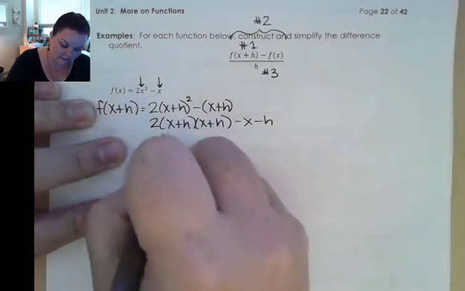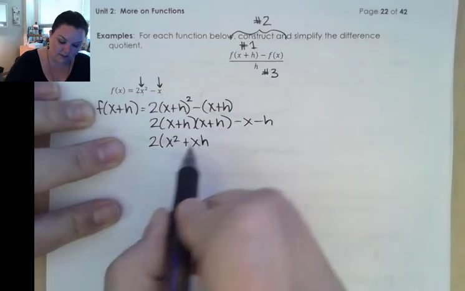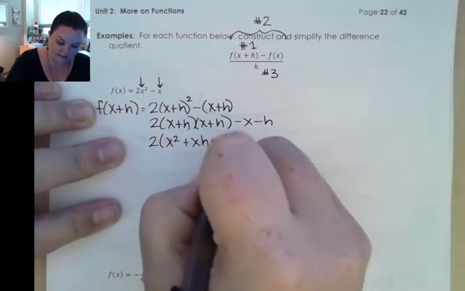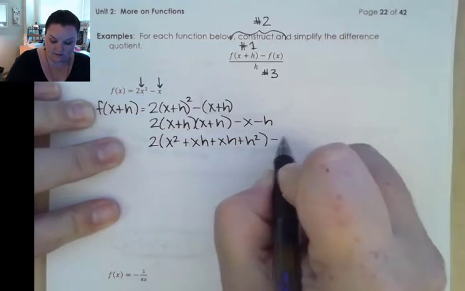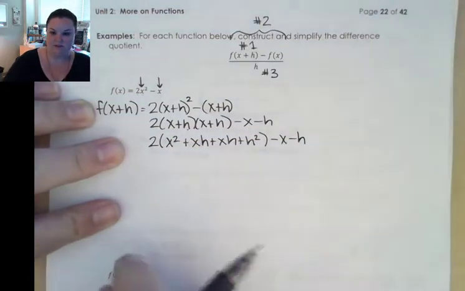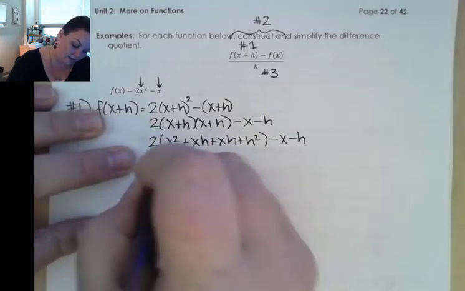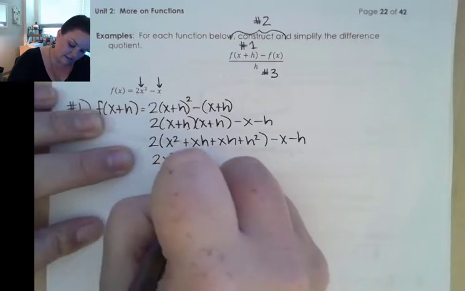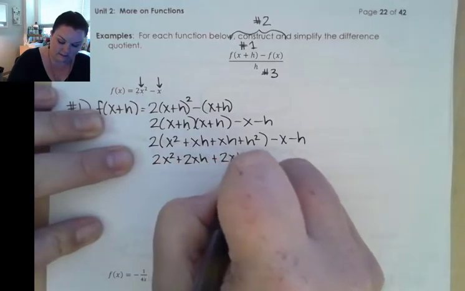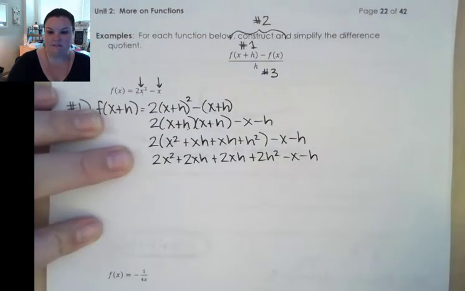So x times x is x squared. x times h is xh. h times x is xh. And h times h is h squared. Minus x minus h. And then I'm going to go ahead and multiply my 2 into it. So I have 2x squared plus 2xh plus 2xh plus 2h squared minus x minus h.